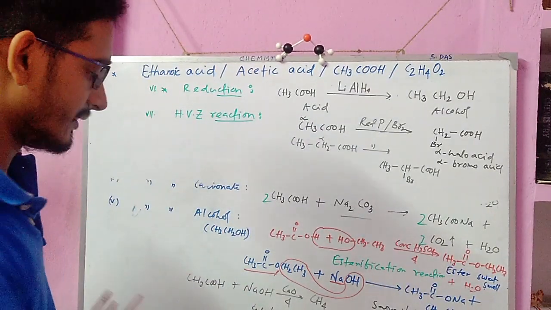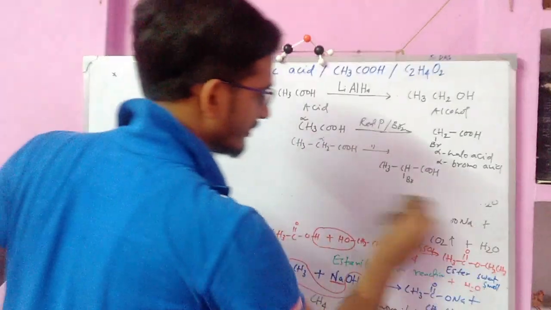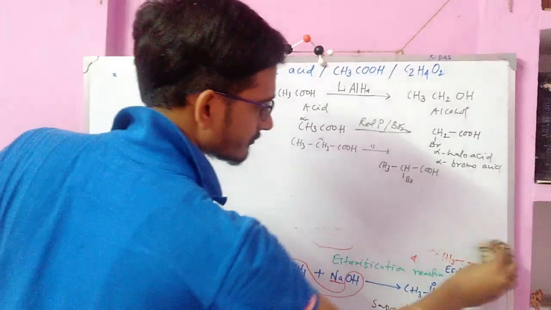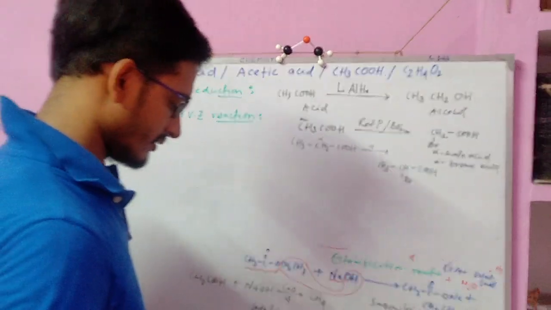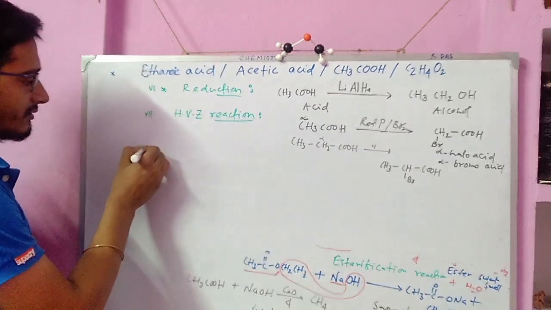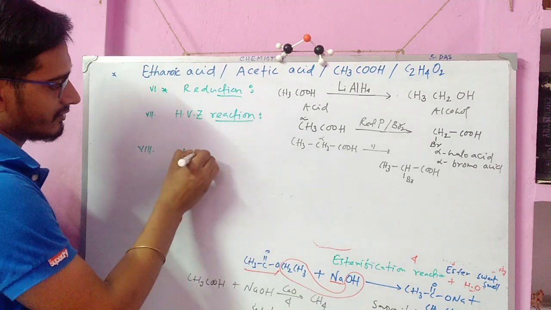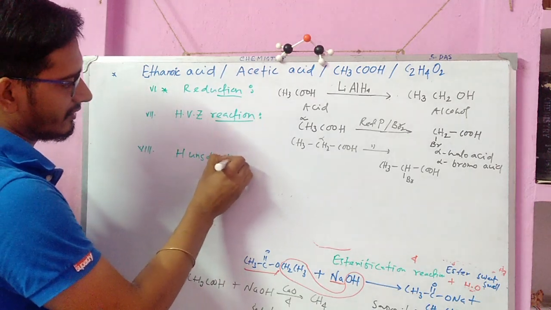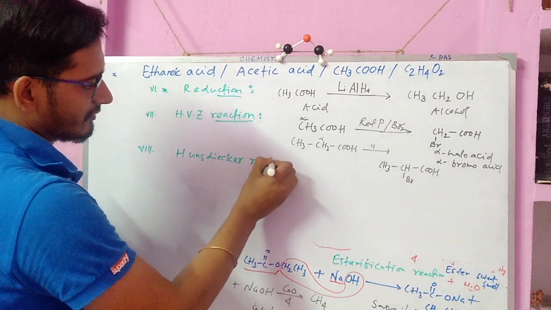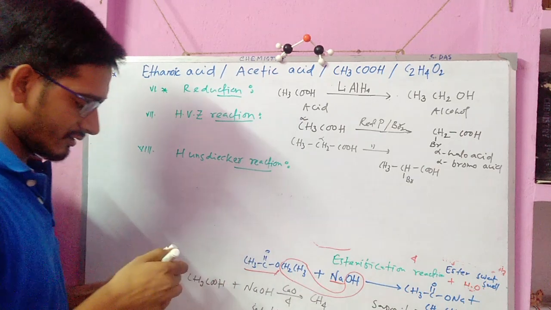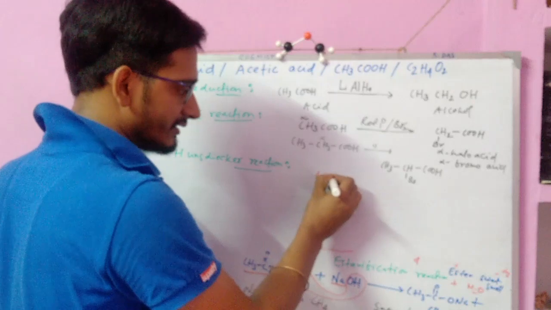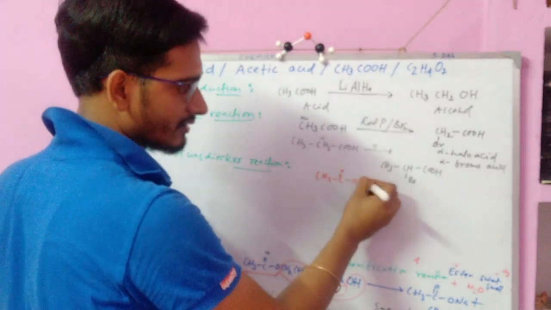So our next reaction is Hunsdiecker reaction. This is acetic acid, CH3COOH.